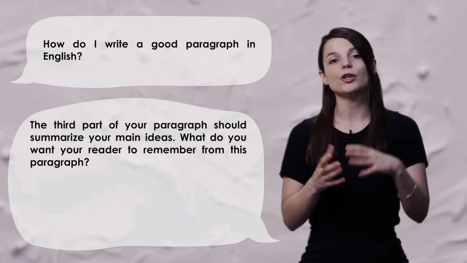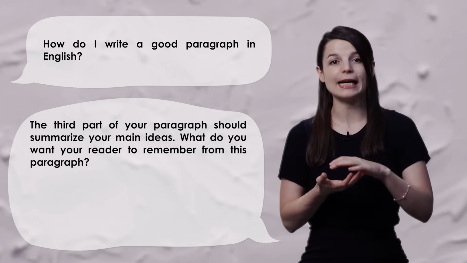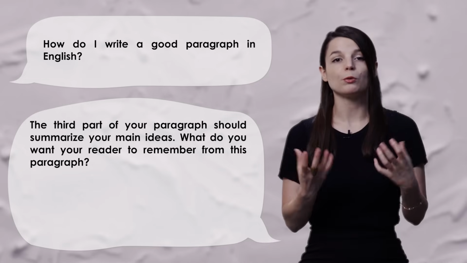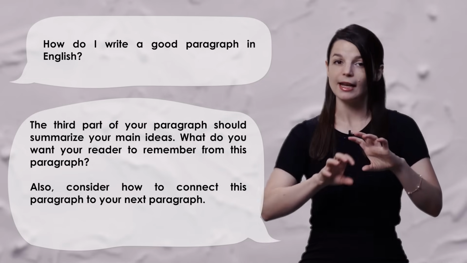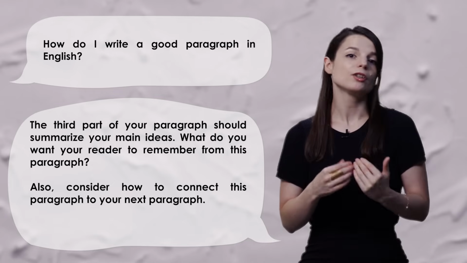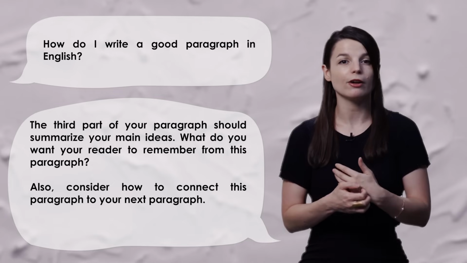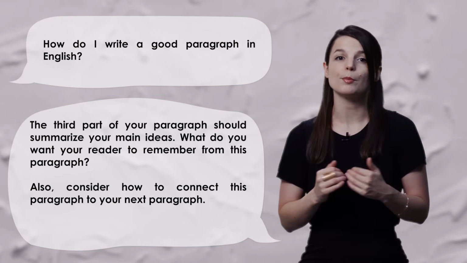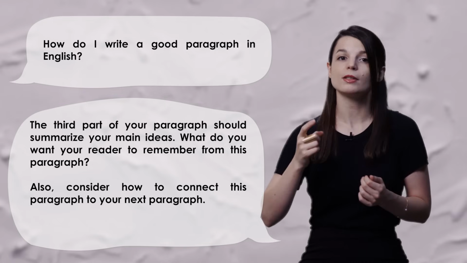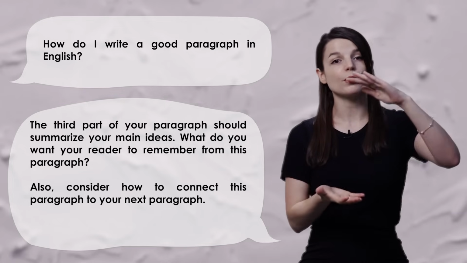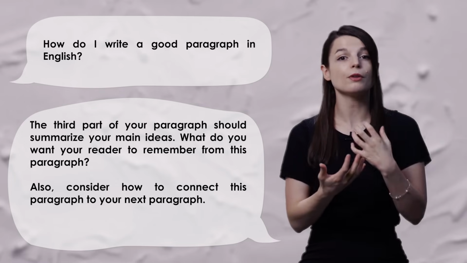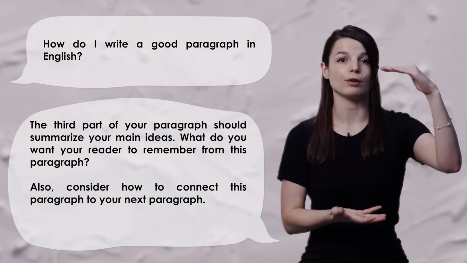The conclusion part should summarize your main ideas. So what do you want the reader to remember from this paragraph? And maybe, how does it connect to your next paragraph? So try to think about writing paragraphs in this three-step process. You introduce something, you give details, and you conclude. So think about this for your paragraph, yes, but also think about this when you're writing a paper as well.